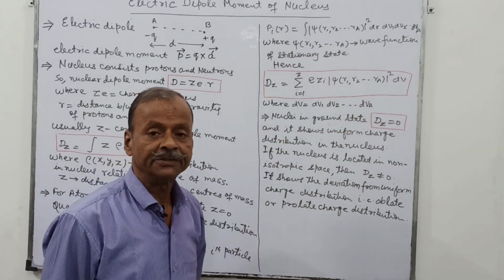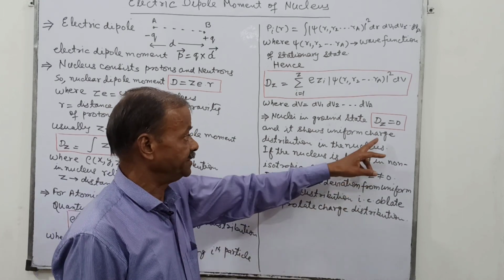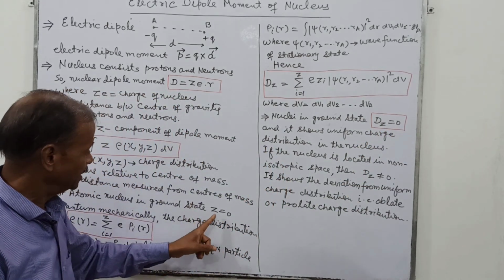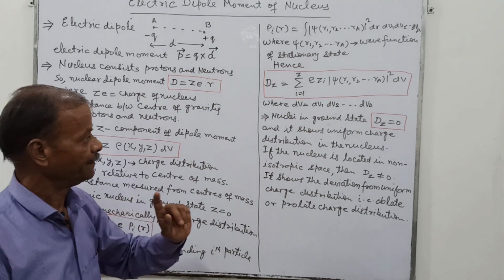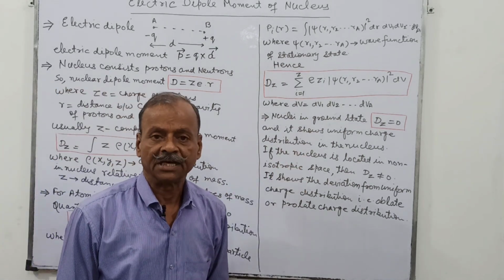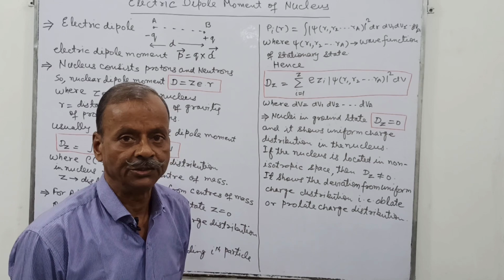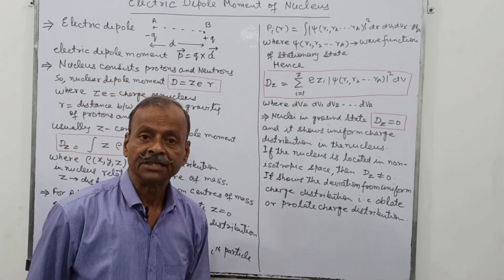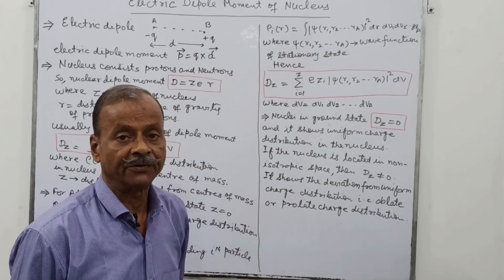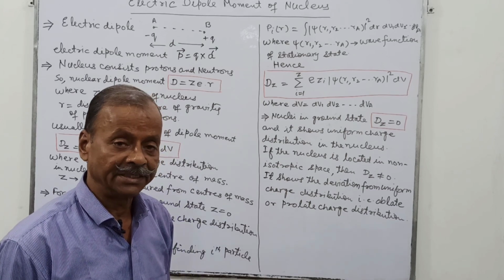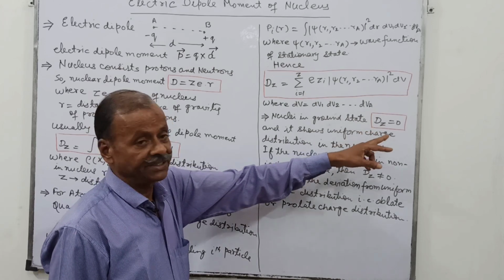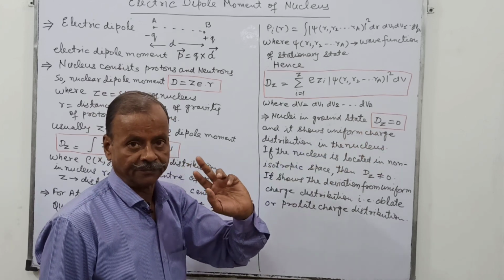In the ground state of the nucleus, this Z equals 0, so this dz equals 0, as I have told here. It shows that the charge distribution in the nucleus is uniform. So generally in the ground state the nucleus is found in that space, where this dz is always equal to 0.